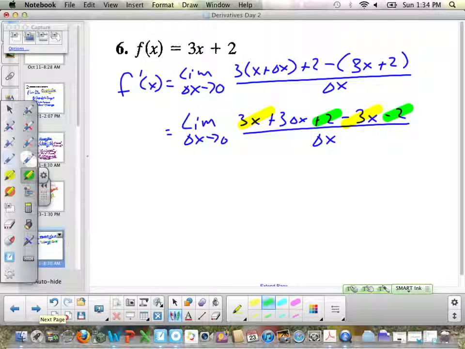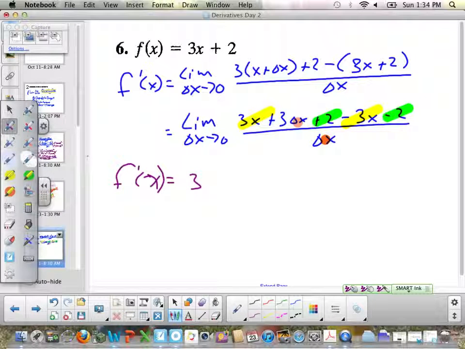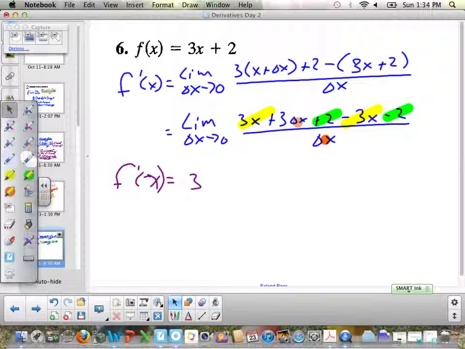Since there's a delta x on the top and a delta x on the bottom, those cancel, so we're left with 3. And the limit of a constant is that constant. So f prime of x is 3, which should make sense. What's the slope of 3x plus 2? It's 3. I told you I could do it in one page.